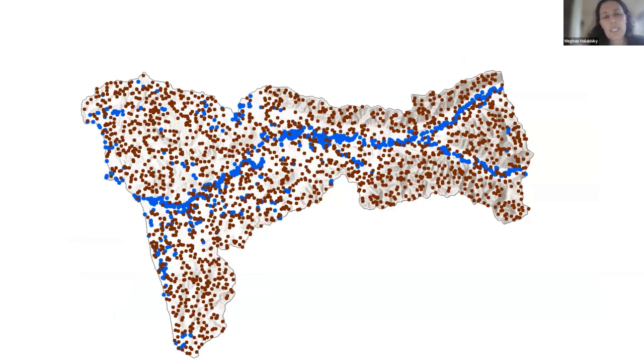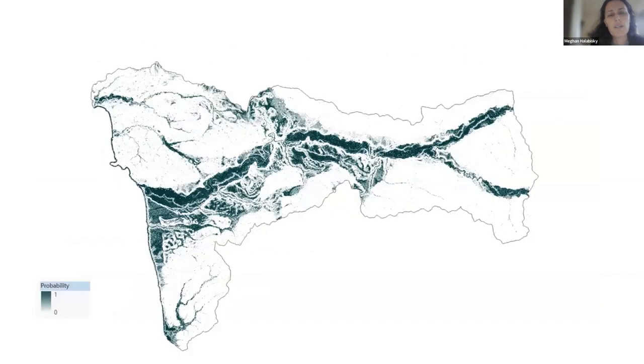So with this, again, just walking through this method with the whole watershed and creating a training data set, these are just points of wetland and non-wetland that we're using to train our computer to help us get a better prediction of wetlands along the landscape, giving us a probability of how likely a pixel is to be a wetland or not, given all of those input data sets that we had stacked into our model as variables.